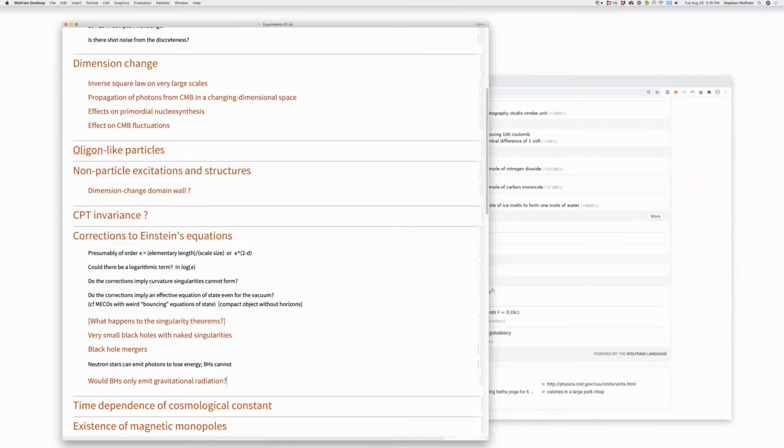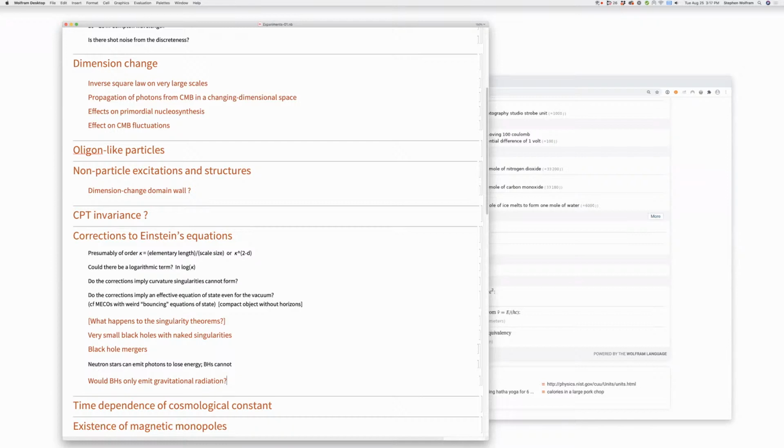Jonathan, your thoughts here. I mean, in this causal graph, if there is indeed an event horizon, one would think... What's the question? Can black holes only emit gravitational radiation? Well, if the question is, can oligons cross causal event horizons, I believe the answer is no. Yes, but is there any other?